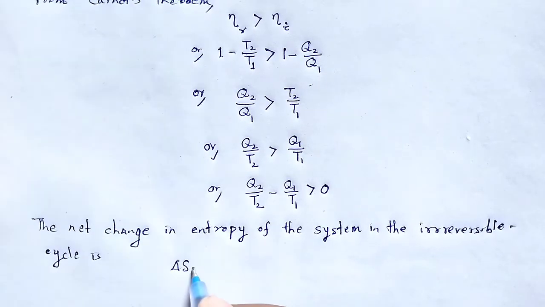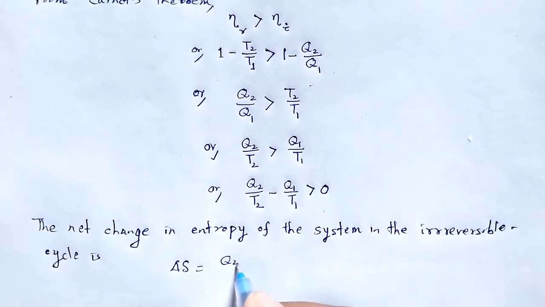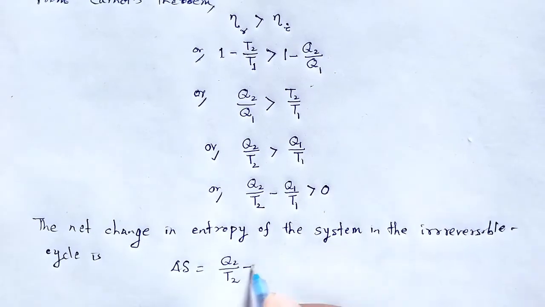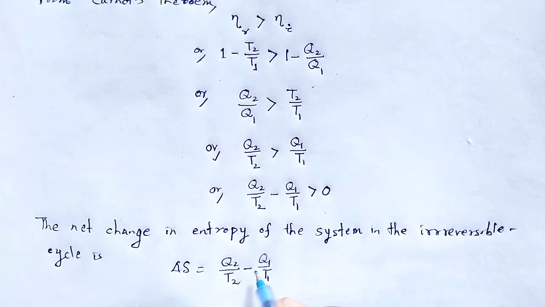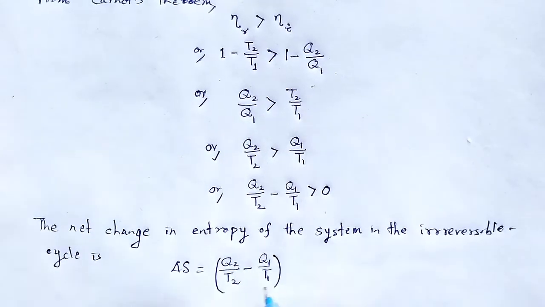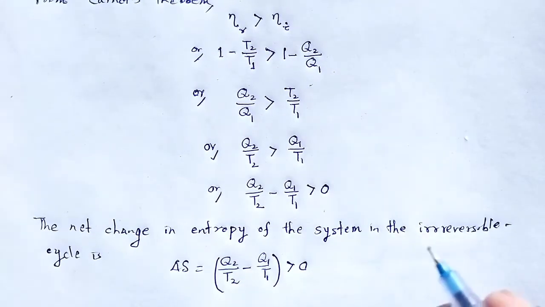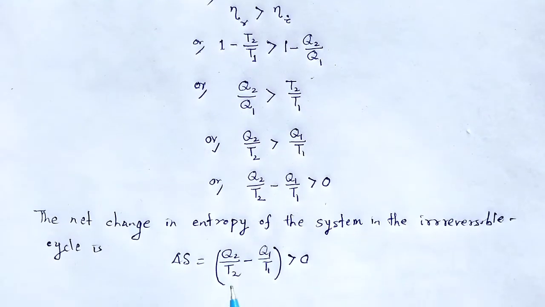Del S is equal to Q2 by T2 minus Q1 by T1, which is greater than or equal to 0. That is, what is Q2 by T2 and Q1 by T1.